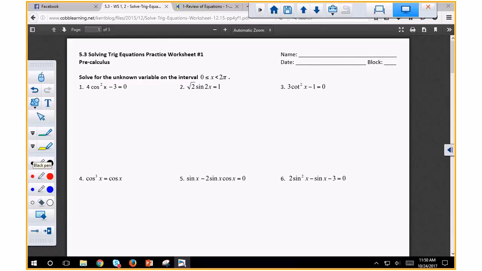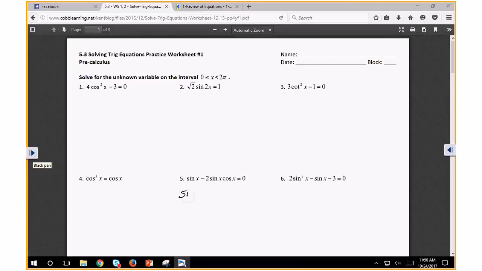All right, what can you do on this one? So the sine of x is equal to 0. When is the sine of x equal to 0? Well, that means that your y is 0.